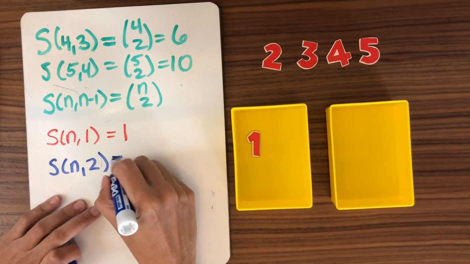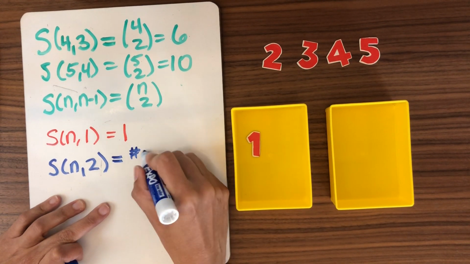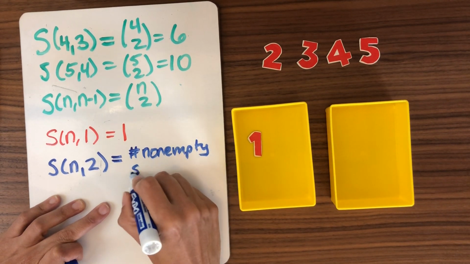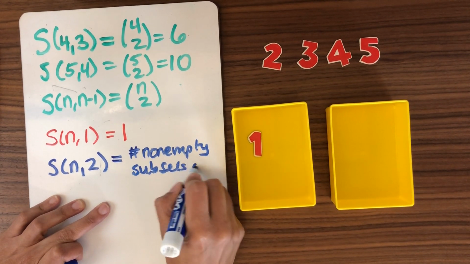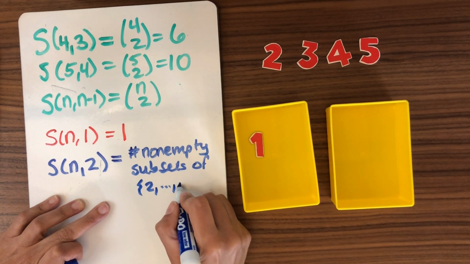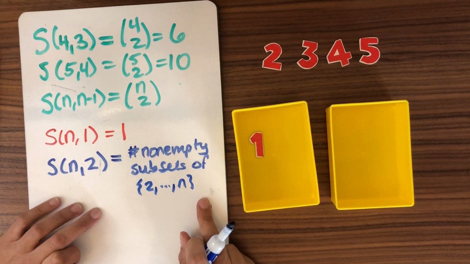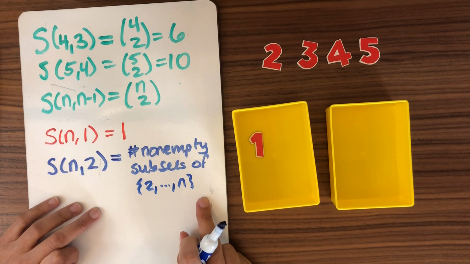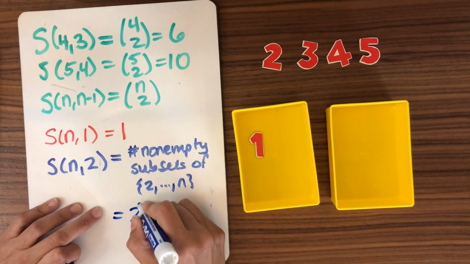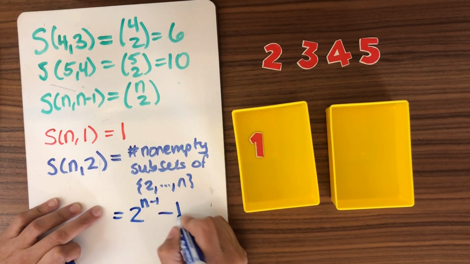And that's actually a nice theorem. So it's the number of non-empty subsets of the numbers, say, 2 up to n. So there are n minus 1 of these numbers. Well, the number of subsets is 2 to the n minus 1. And I said, just don't pick the empty set.